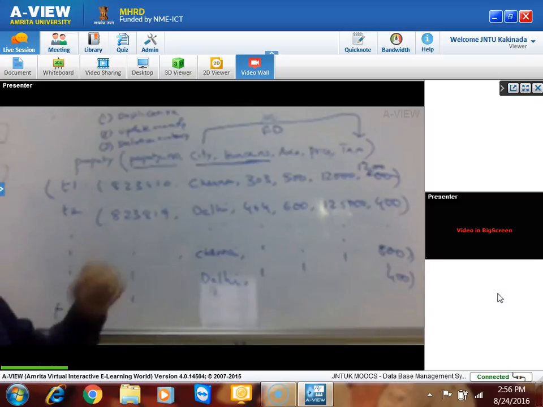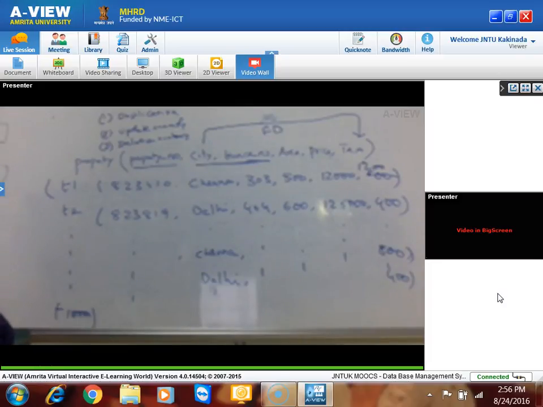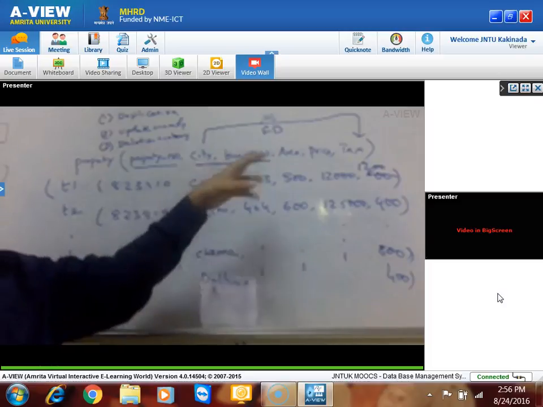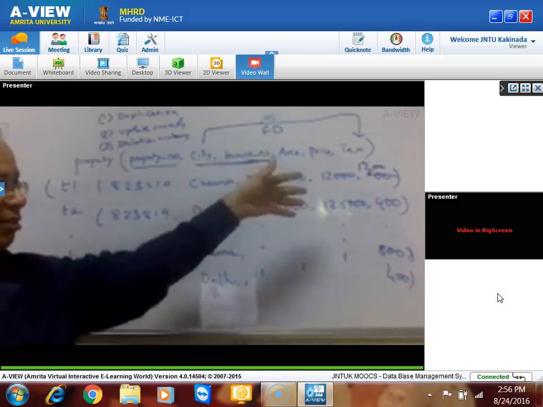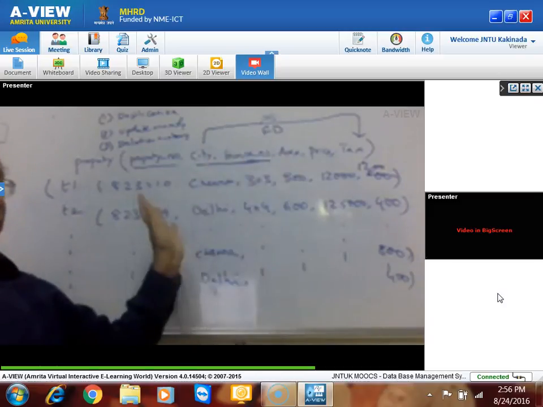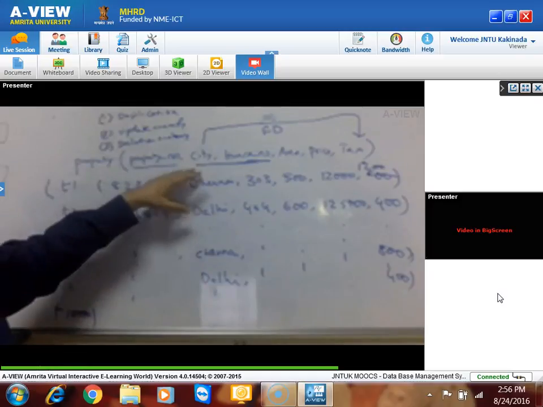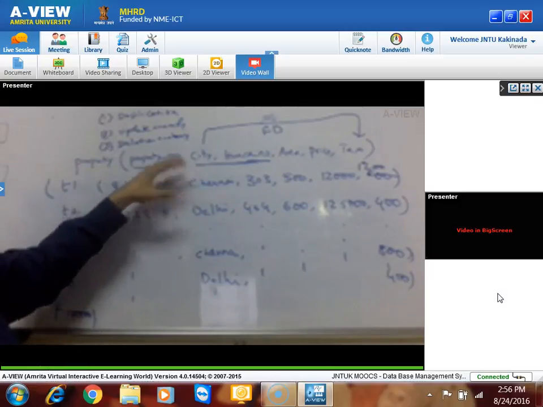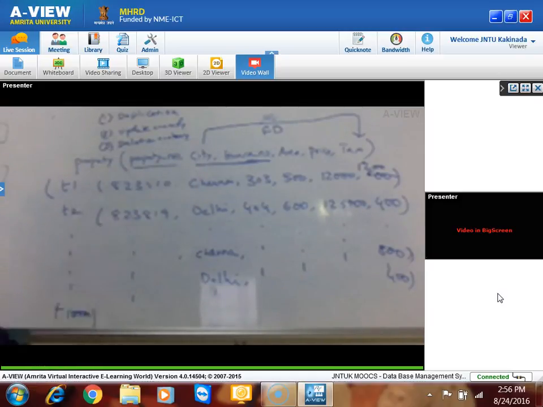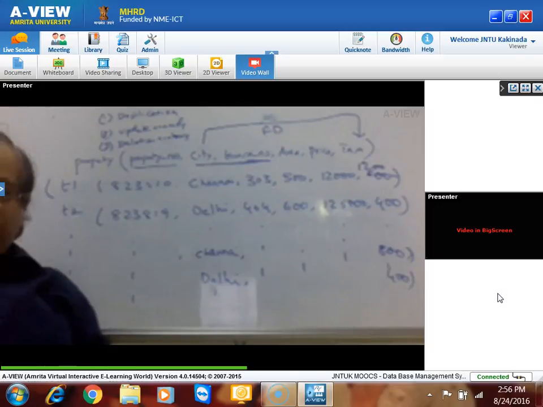So why are these functional dependencies important? The functional dependencies say how these values come together. Because of that, you get all these difficulties if the functional dependencies are not properly taken care of in this relation.